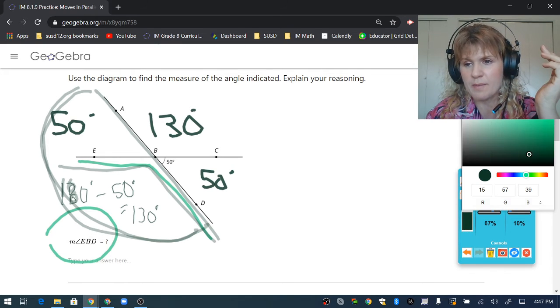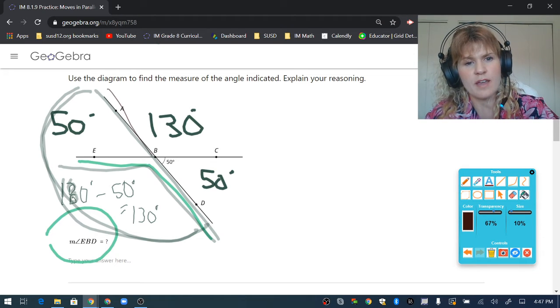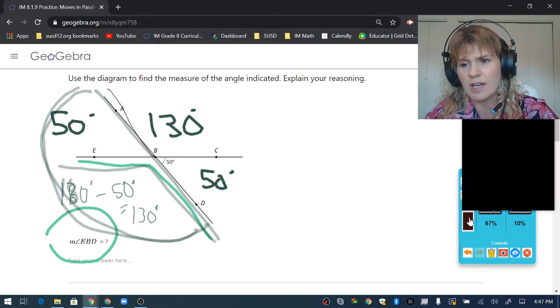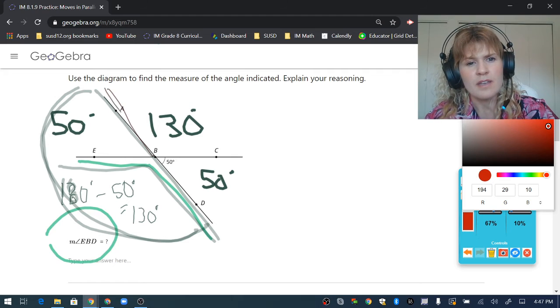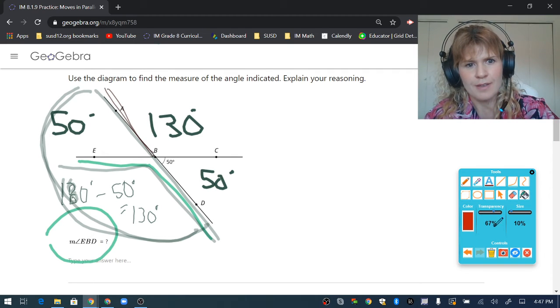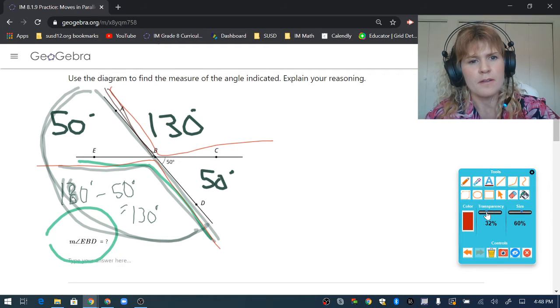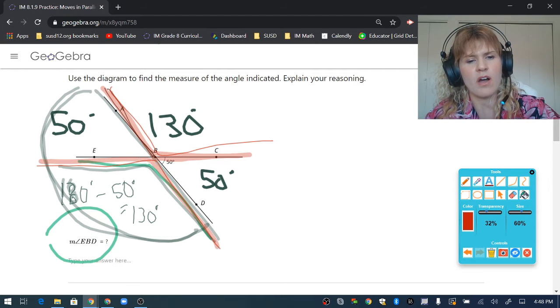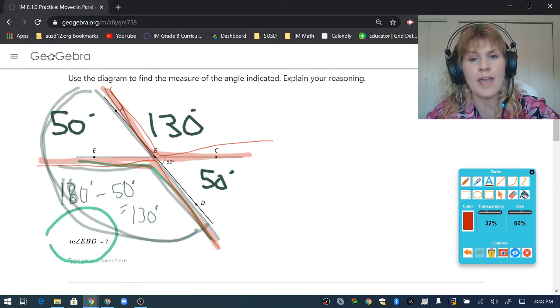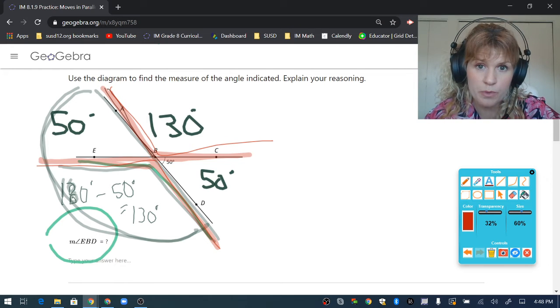We discovered another set of vertical angles. Let me show you them in a brighter color. Here and here. These are vertical angles, and they are congruent.